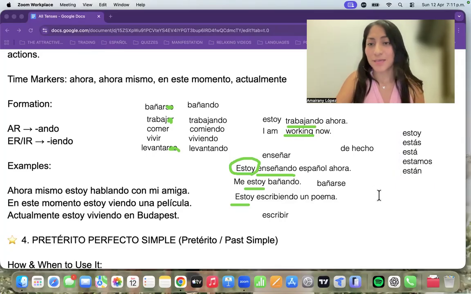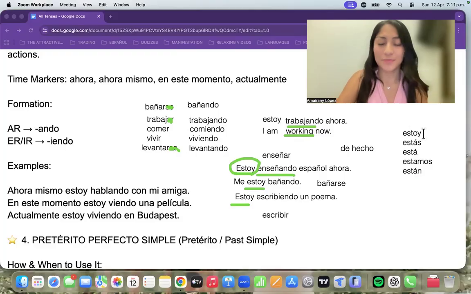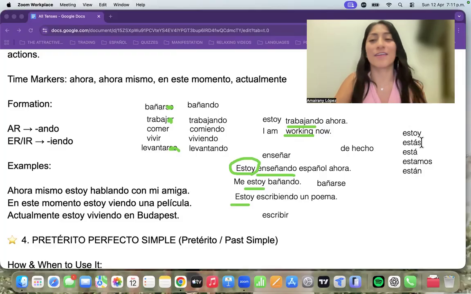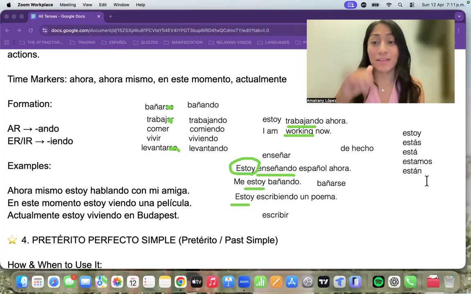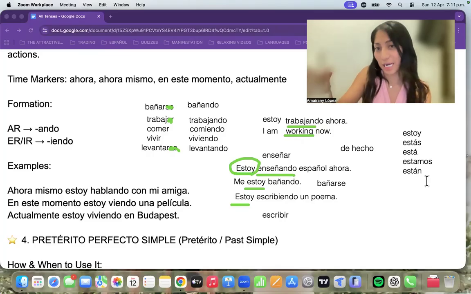Okay, so estoy estudiando, I am studying. Estás trabajando, you are working. Está viendo, he is watching, or she is watching. Estamos comiendo, we're eating, and están tomando agua, they are drinking water.